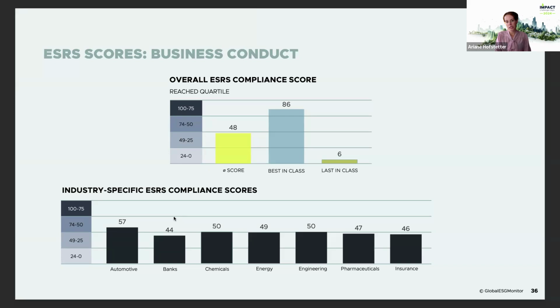We also displayed the average across different industries, showing you automotive reaching 57%, being over average, as well as chemicals, energy, and engineering. Under average are banks, pharmaceuticals, and insurance.